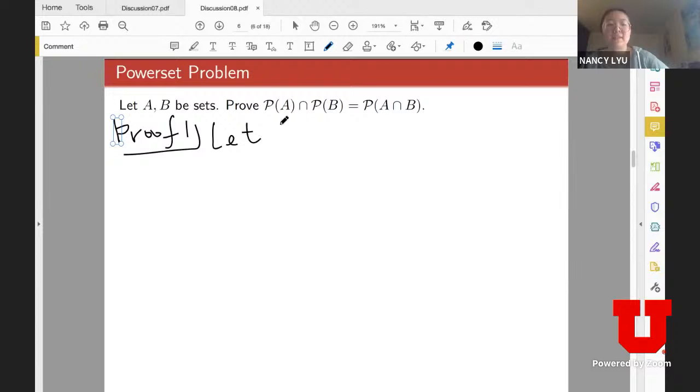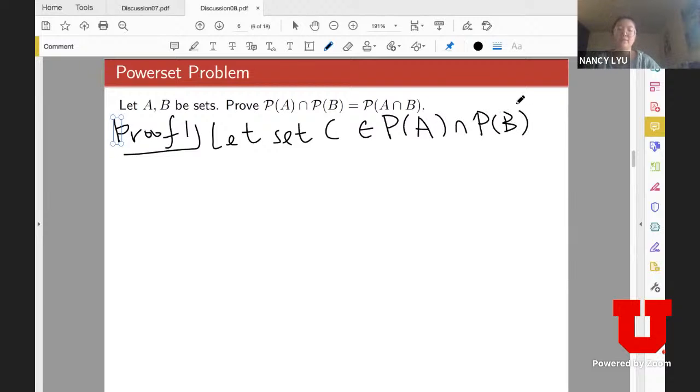So let the set C belong to the intersection of these two power sets.